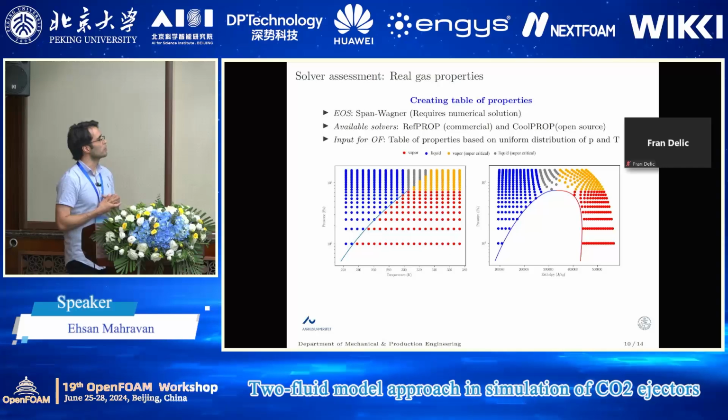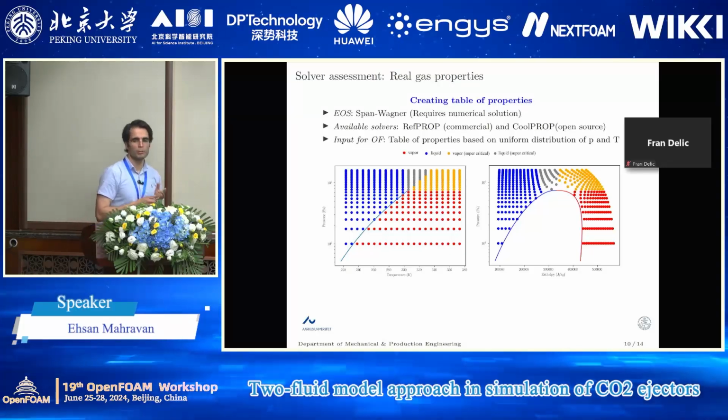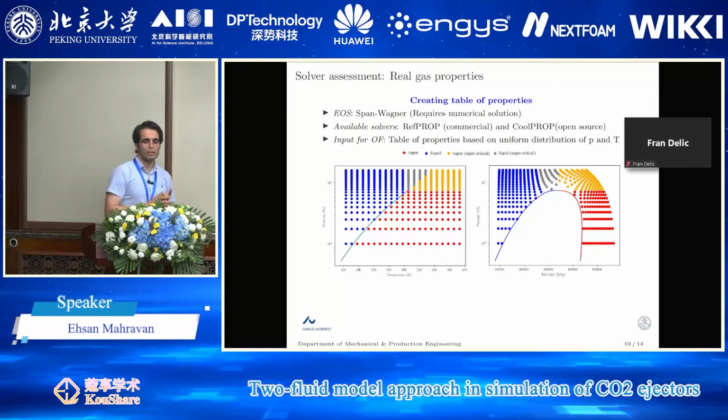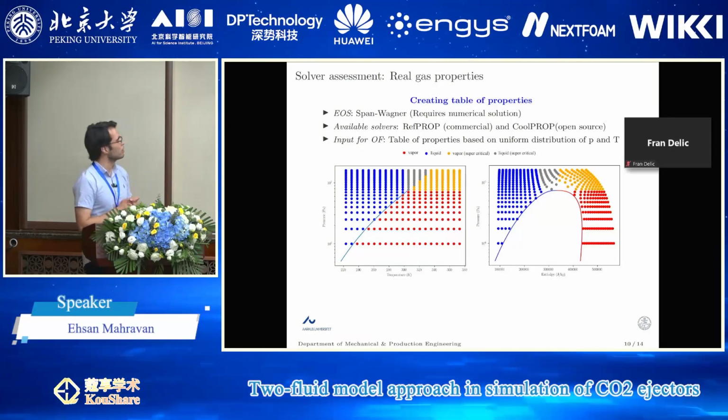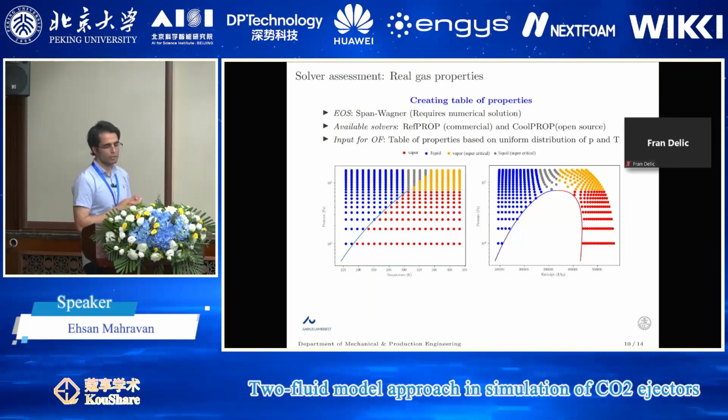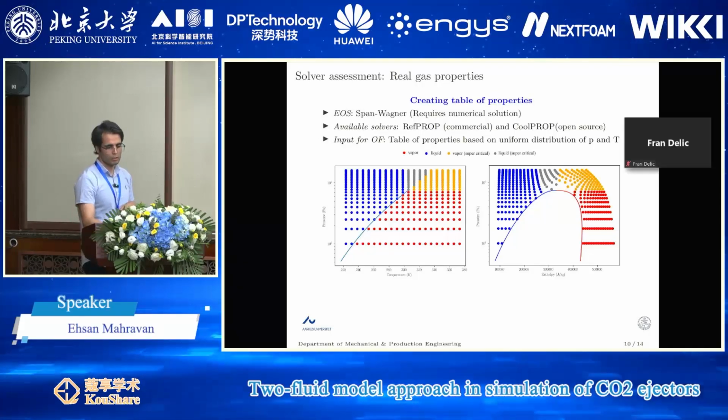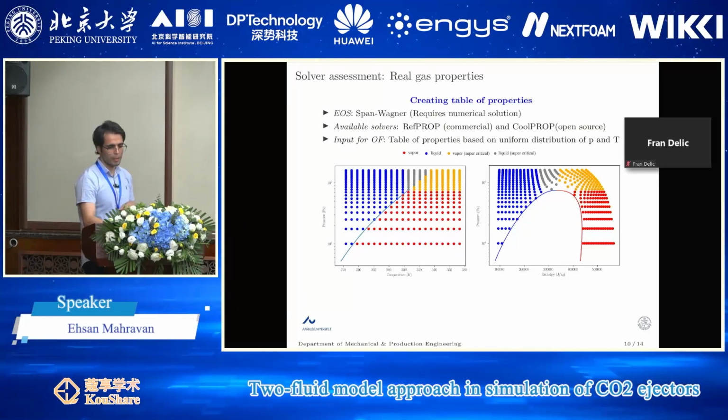OpenFOAM takes a uniform distribution of pressure and temperature. And from this, it interpolates the properties in the points that are not available for it.